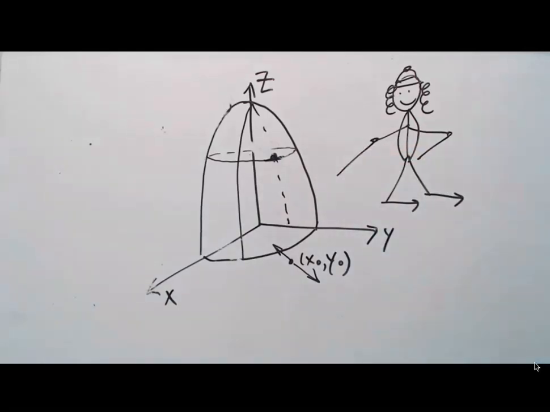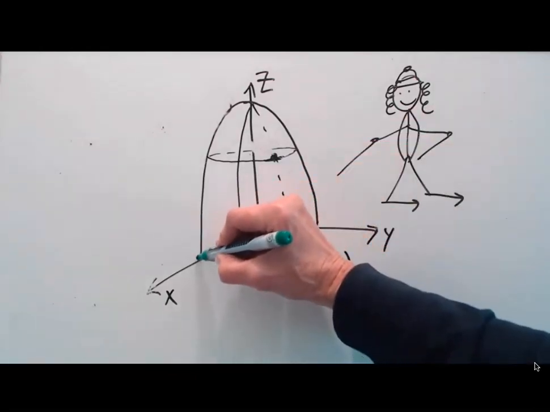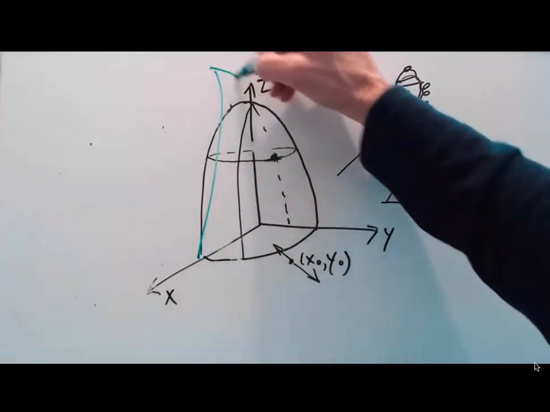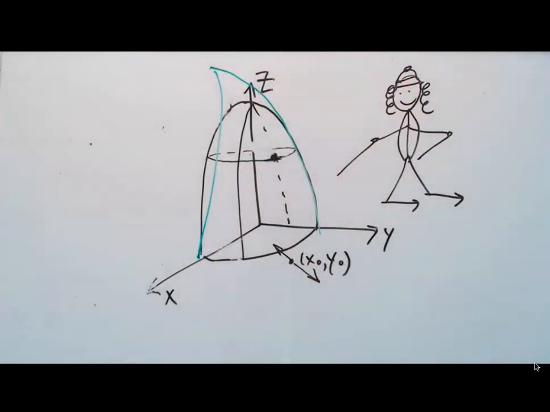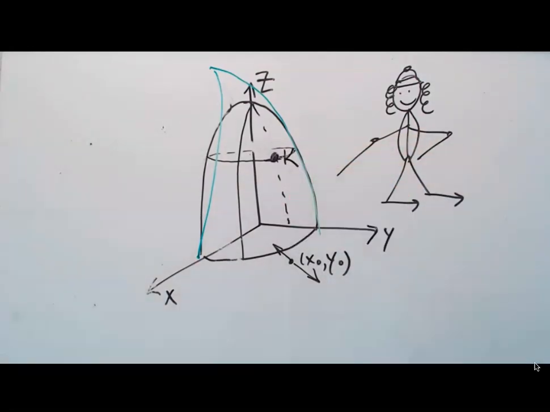Now, Katya has skied the Matterhorn, which is in the Alps. It's a mountain between Switzerland and Italy, and it looks a little bit like that. So let's assume that Katya is at this point on the surface of the Matterhorn.